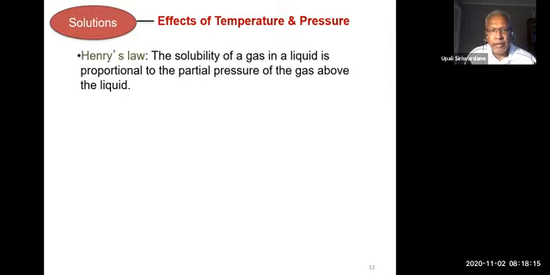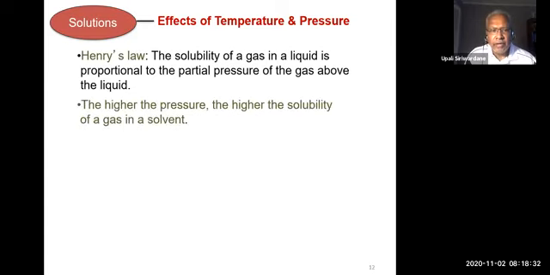The solubility of a gas in a liquid being proportional to the partial pressure of the gas above the liquid is called Henry's law. So the higher the partial pressure, the higher the solubility of the gas in the solution. The higher the pressure, the higher the solubility of a gas in a solvent.